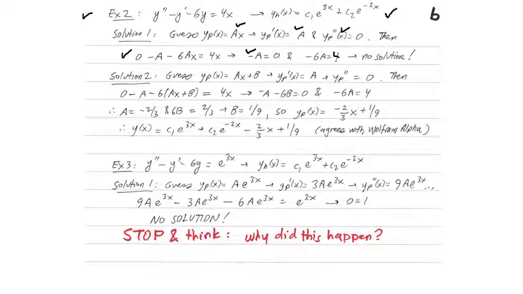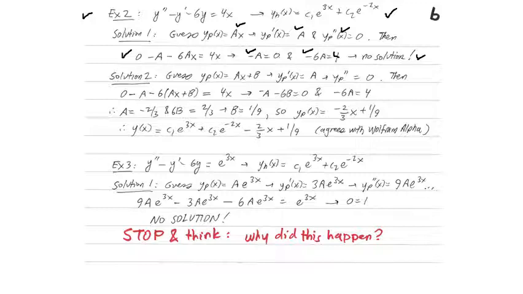Minus 6a would be 4, matching the coefficients of x on both sides. So a cannot be equal to 0 and also be equal to negative 2/3. That's impossible. This system has no solution. And the takeaway from that is that we didn't use a correct initial guess.